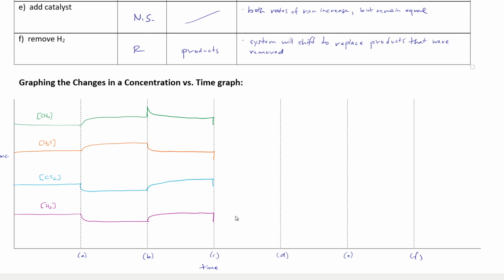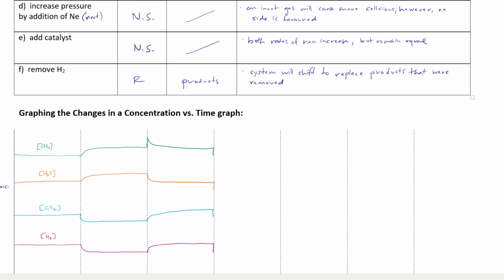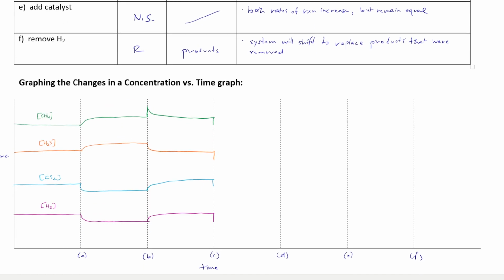So they all go down. But the system will shift to the right to favor the products. So it all decreases, but then the products will increase again because the system will shift to produce more moles of gas to restore the pressure that decreased. The reactants, however, will decrease in concentration because they're getting used up to form the products.